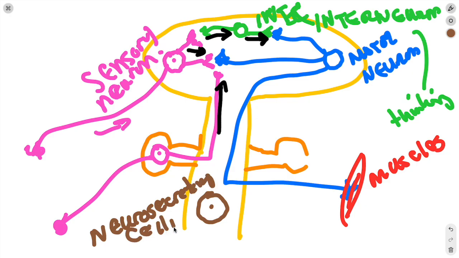And neurosecretory cells are neurons, and they're not interneuron, sensory neuron, or motor neurons. And what it's like is their dendrites will make connections with these other types of neurons.